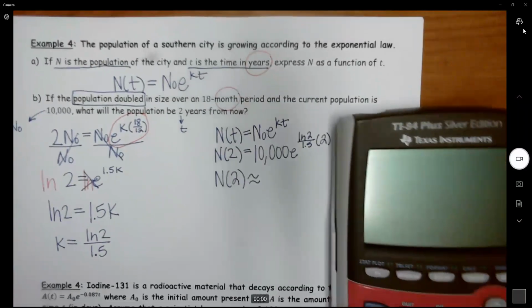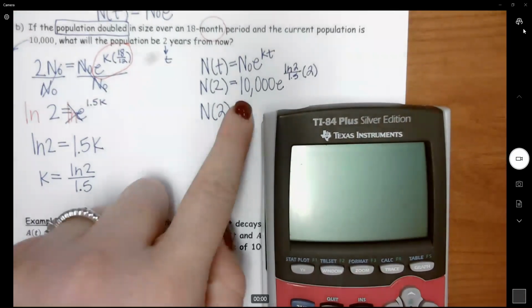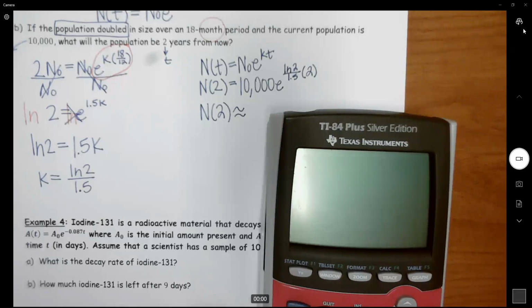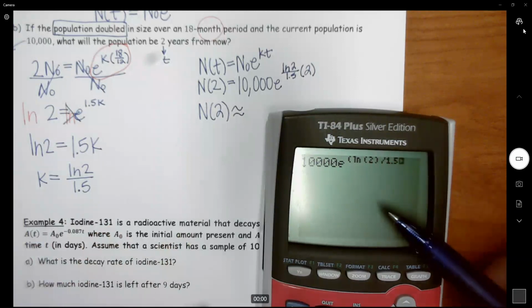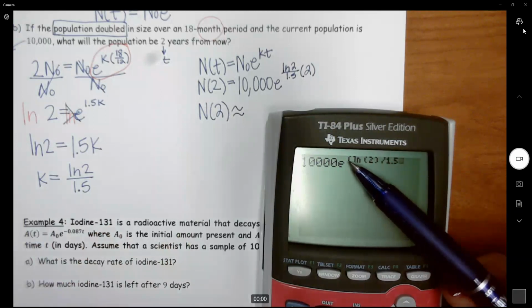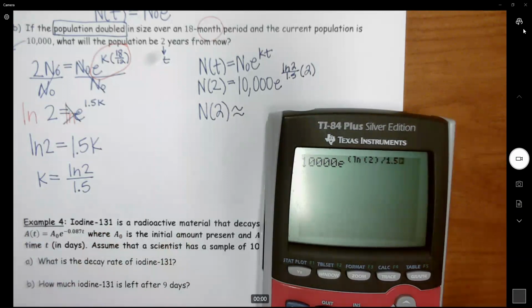All of these have been pretty simple to put in our calculator so far. You do need to make sure you know how to put this in properly. This is 10,000 E, parentheses, the natural log of 2 divided by 1.5, close this parenthesis here, and then times 2.